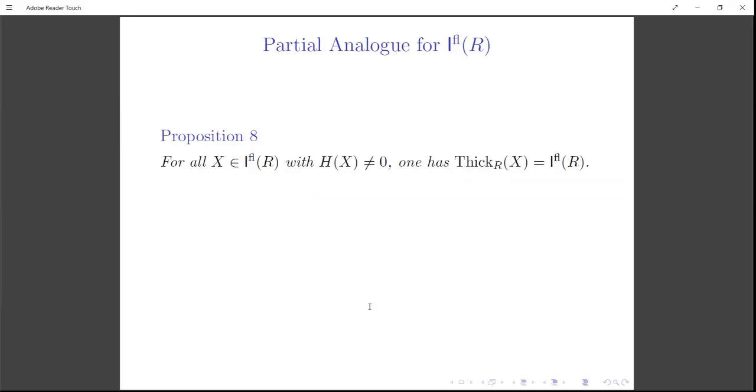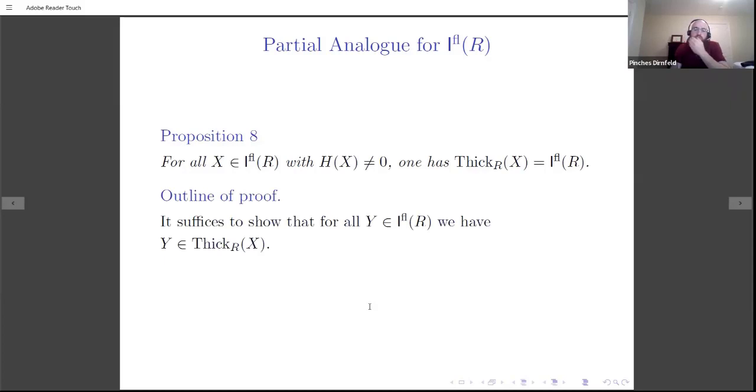So the proposition is that for every X in D^fl(R) with non-zero homology, the thick subcategory generated by X is equal to the entire category D^fl(R).